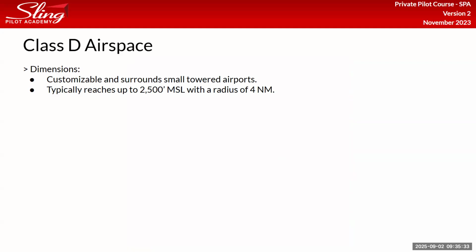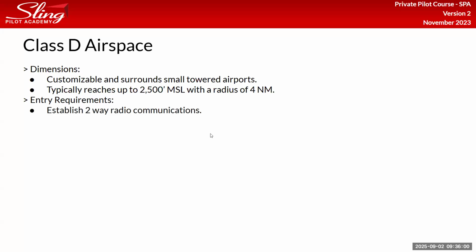That's pretty standard. We'll look at SkyVector if I have to, but you'll see with Torrance, the box that shows our dimensions shows that it goes to 2,400. That's because our field elevation is 103. So we still reach that 2,500 MSL.